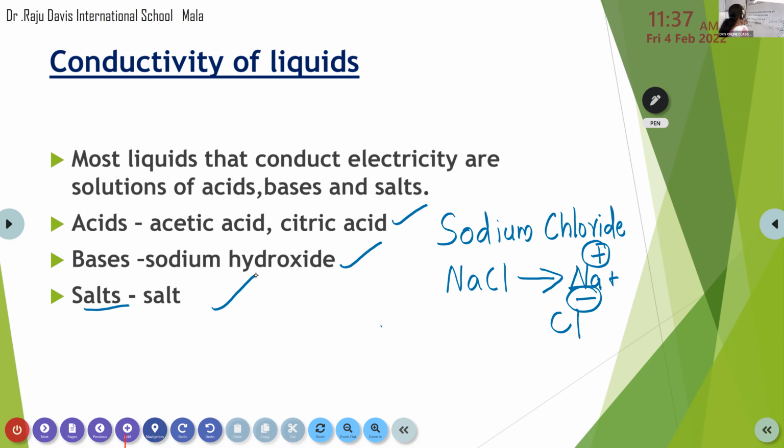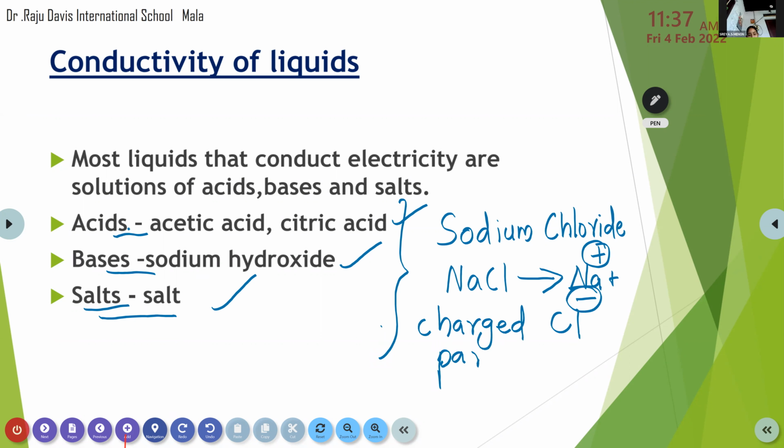So if you take any acid, any base, any salt, it contains different charged particles. Yes or no? Yes. Because of the presence of these charged particles, these components conduct electricity.